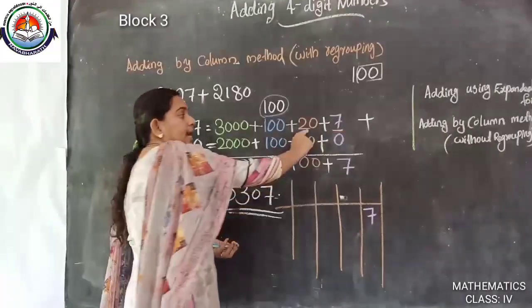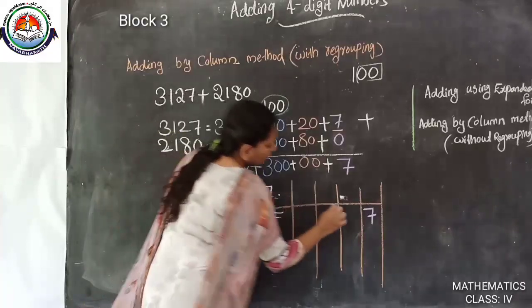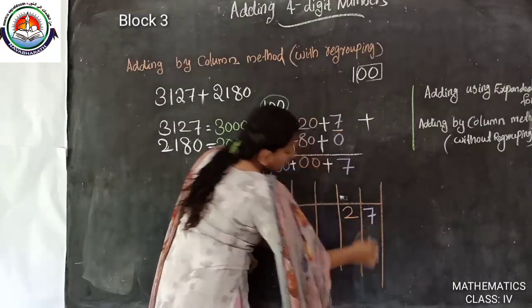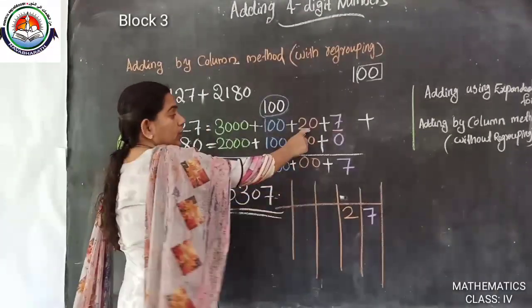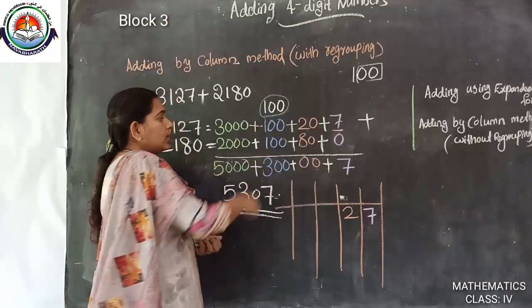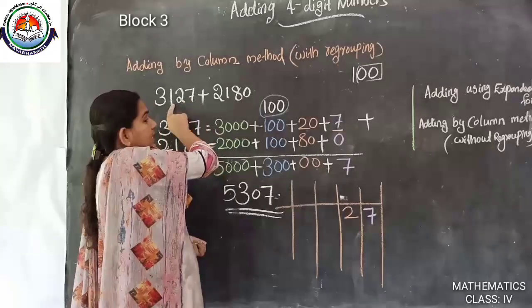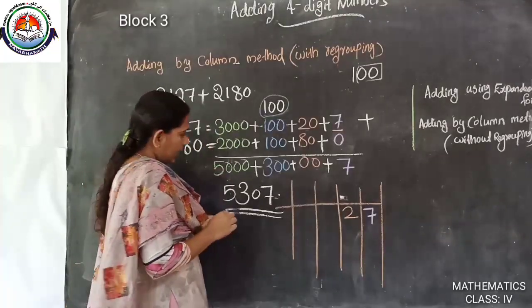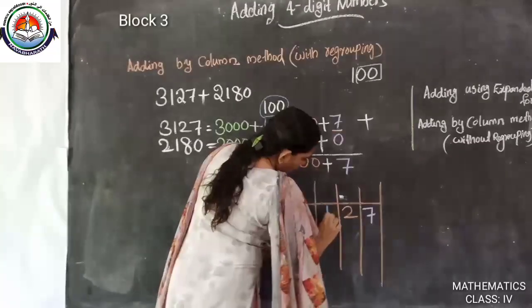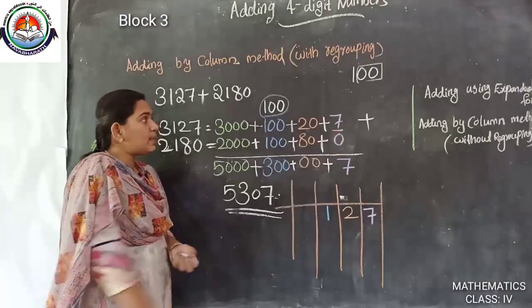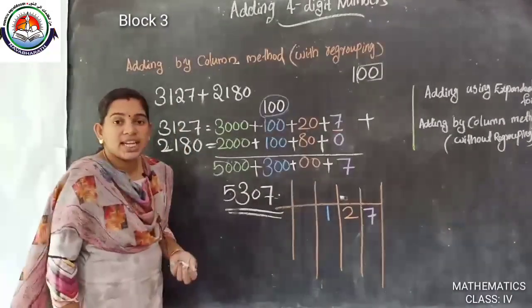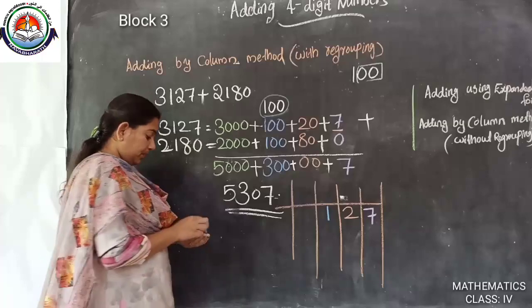Then tens place is 2. 20 means 2. Then 100 place digit is 1. So we write 1 in the hundreds place. And 1000 place digit is 3.